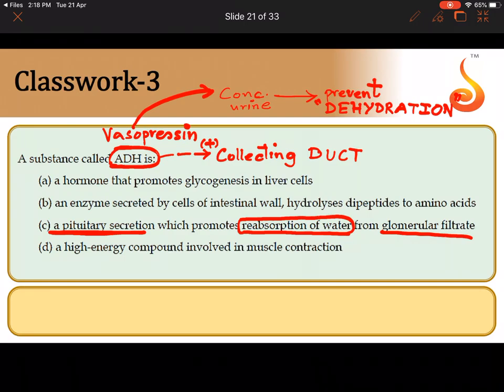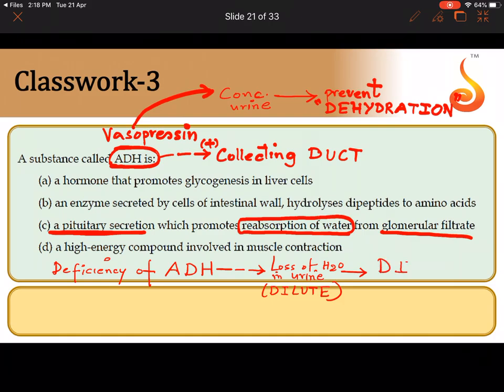Now suppose, we had discussed that if a person has low levels of secretion of ADH, this is also important. Please remember, if a person is suffering from deficiency of anti-diuretic hormone, then the water reabsorption does not happen, so he will experience loss of water in urine. And this condition where there is excessive loss of water in urine, that is formation of dilute urine, is referred to as diuresis. Since anti-diuretic hormone prevents this from happening, it is called anti-diuretic.